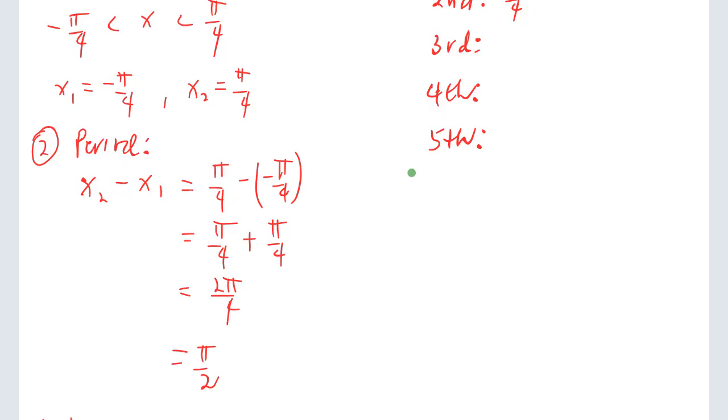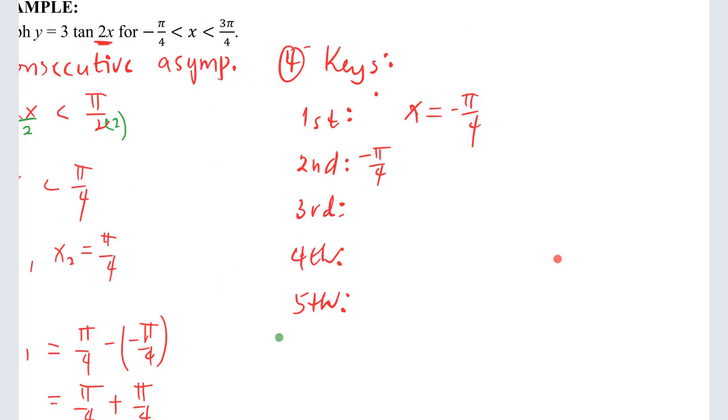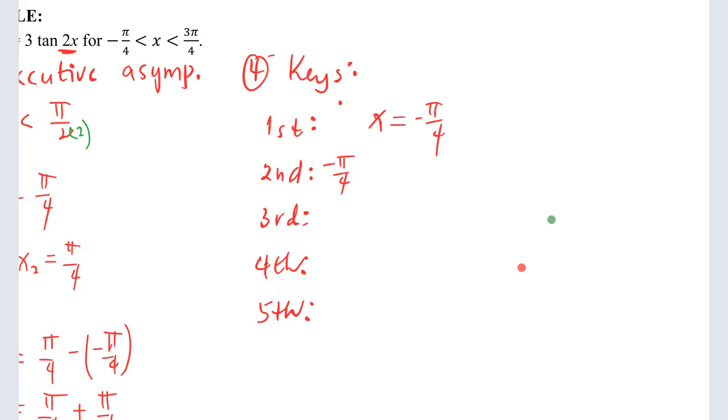I'll just be adding that repeatedly over and over again to complete our 5 keys. So plus pi over 8 would be equal to negative pi over 8. So this is our first point within those two asymptotes.